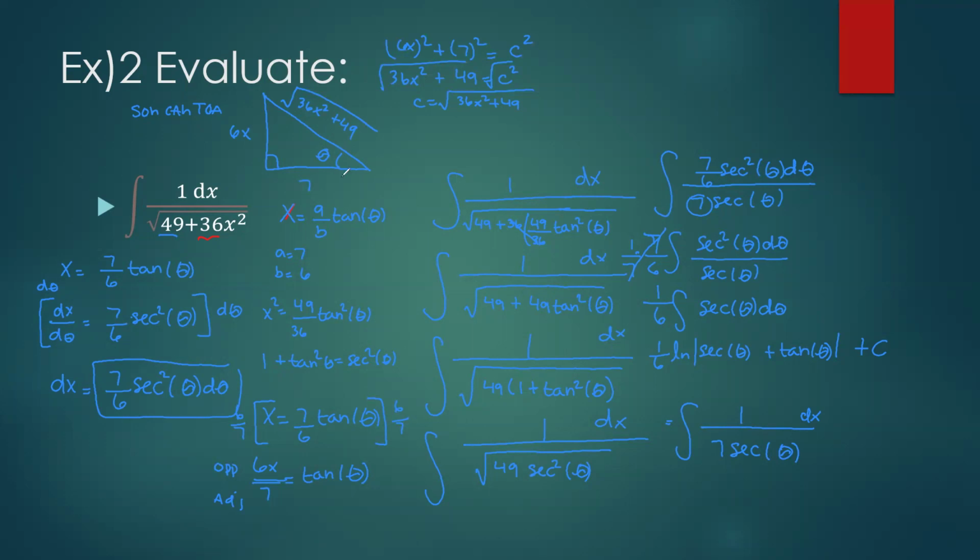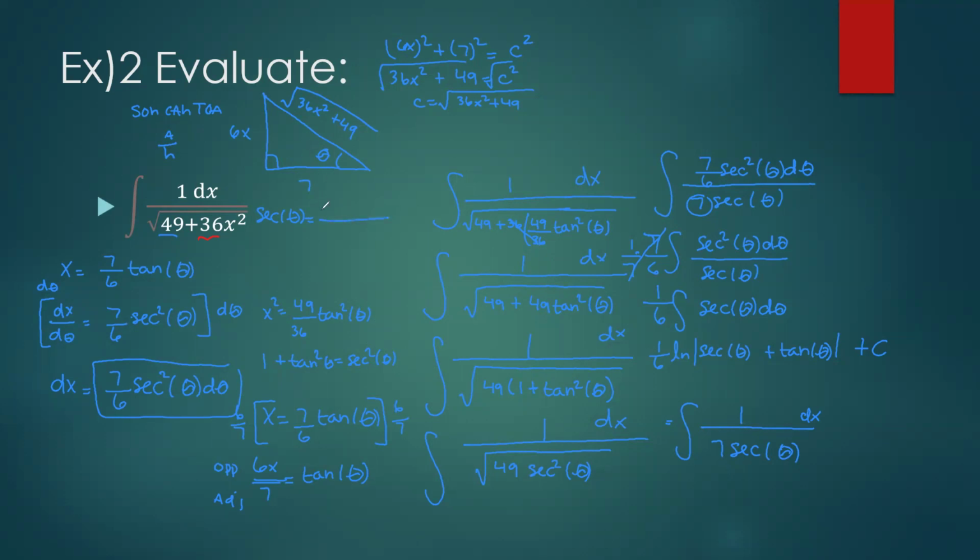Okay, now we can find out what secant theta and tangent theta are by looking at our triangle. So what do you think our secant theta is? Secant theta is related to the cosine, and we know that cosine is adjacent over hypotenuse. So secant is just the reciprocal of that. It's hypotenuse over adjacent.